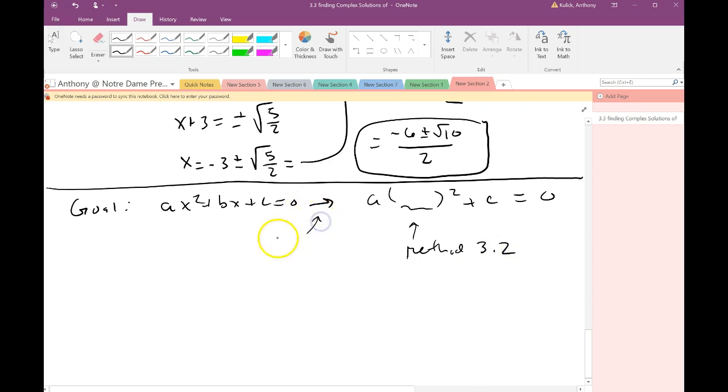The question is, how do I do this? Well, the name that we're going to give for this process is called completing the square, that I abbreviate as CTS.